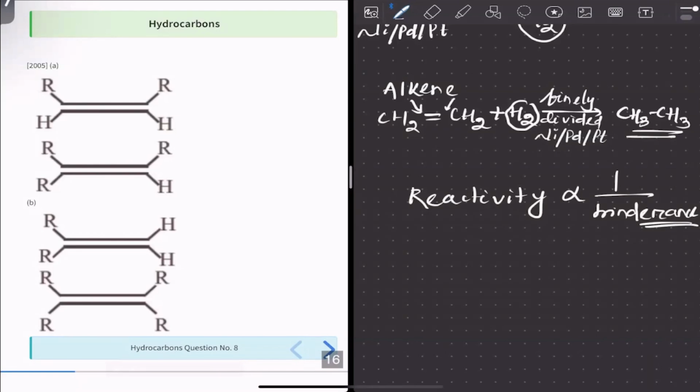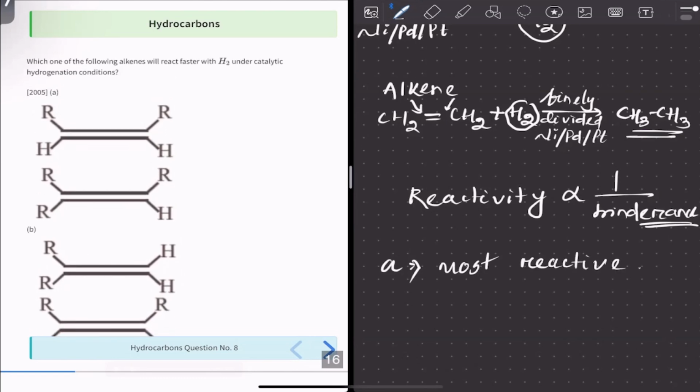So it is the most reactive. Option A will have the most reactivity, so option A would be most feasible for hydrogenation.